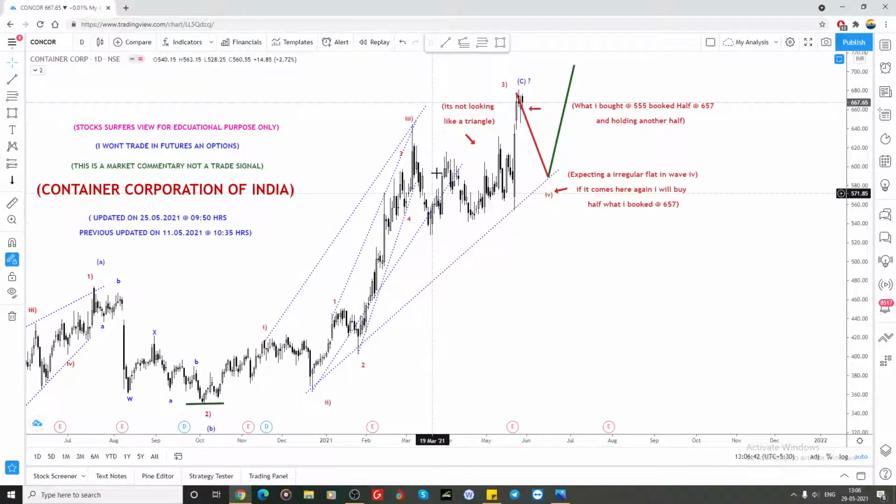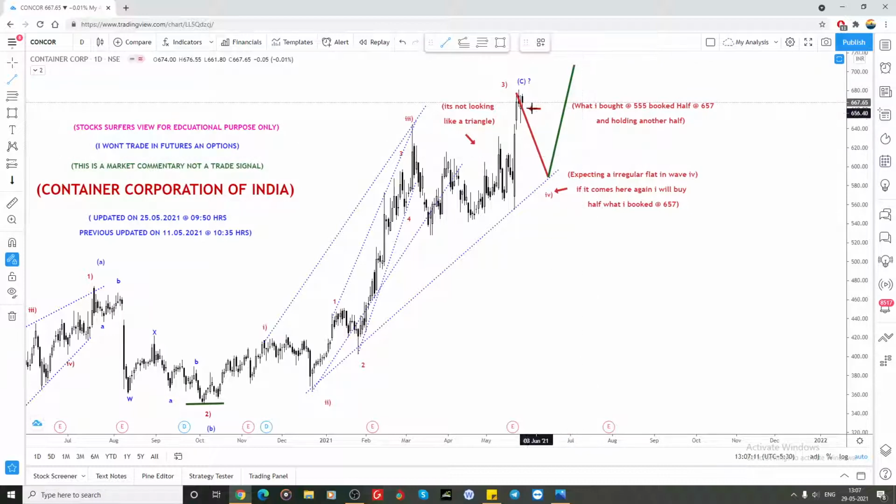But even though, it's looking like, here what I thought was a triangle. But if this is a triangle, there is no need to break that E wave. It's already dead. So from here, if it is shorted, meaning if this is not an impulsive wave. So how I looked at it is, that is why I already bought at 555, booked one lot at 657 and am holding another lot, right?